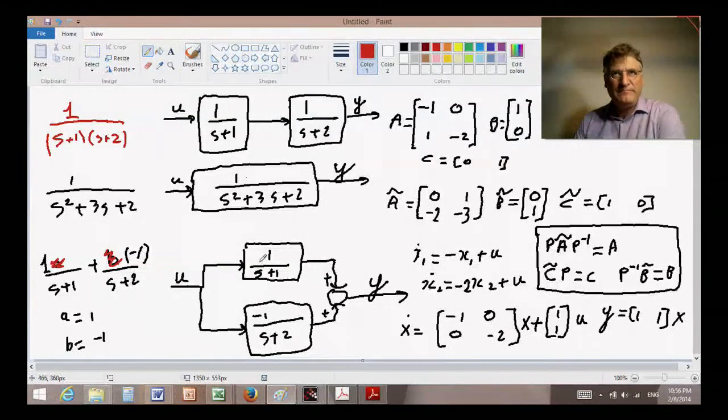Indeed, these two systems run in parallel, and therefore they can be understood as two independent systems, or one so-called diagonal system here. Simulating these systems separately is much cheaper than simulating a 2x2 matrix here.